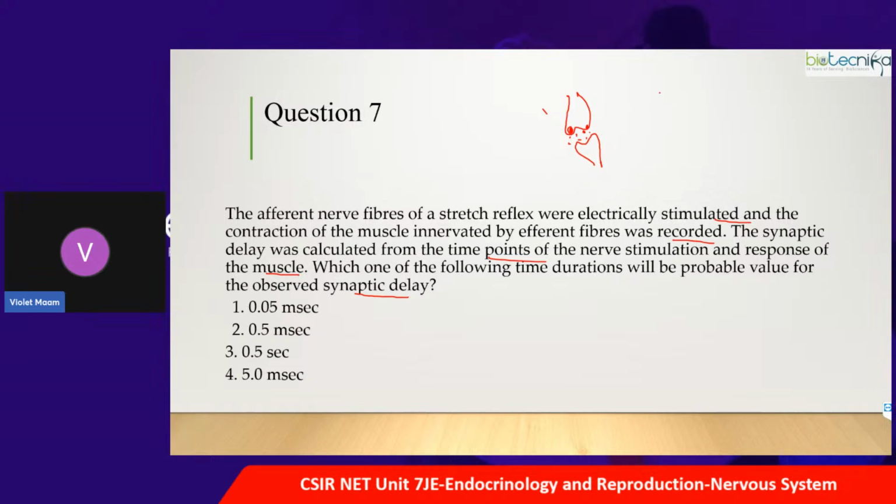So now let us first talk about the synapse. What is a synapse? Imagine this is a presynaptic neuron, this is the end terminal of the presynaptic neuron, and this is the dendrite of the postsynaptic neuron. So what is synaptic delay? It is the time taken for the neurotransmitters from this neuron.